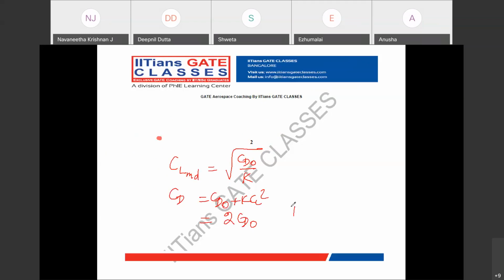So my drag minimum, if I substitute CD in my drag equation, that is CD times half rho V squared S, and in that equation I also substitute my velocity for minimum drag, what happens?